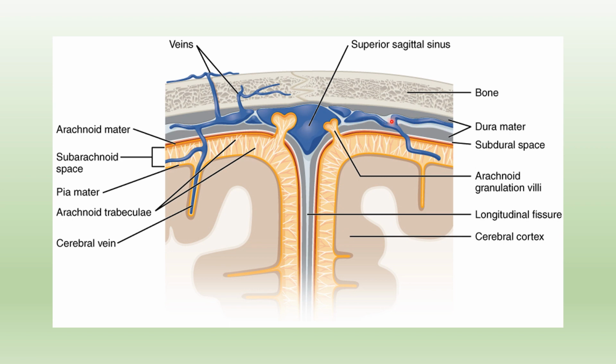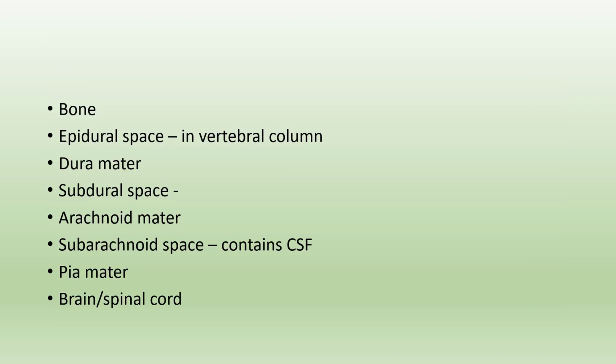So outermost layer is the dura mater. You have the subdural space, you have the arachnoid layer, and then the pia mater layer is the innermost. And so just to try to give you that perspective of the layers, once again, outermost you've got the bone. With the spinal cord in the vertebral column, you have the epidural space.